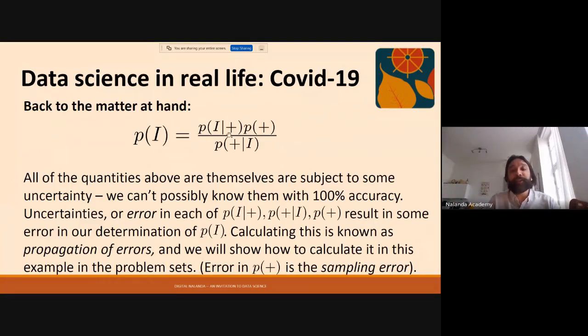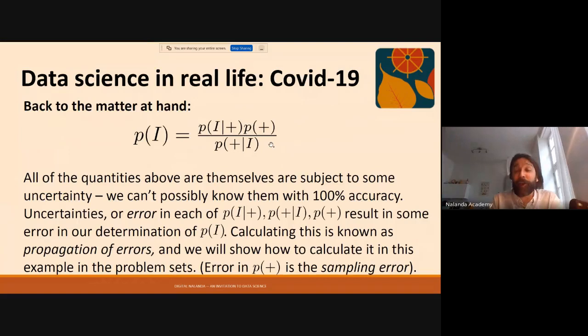And so the uncertainty in each one of them, or if you like, the error in determining these quantities, results in some error in determining the prevalence. Okay, and so knowing how to calculate how these errors affect this is called propagation of errors. This is a very fundamental concept in statistics, and we will work through an example how to calculate this in the problem set.